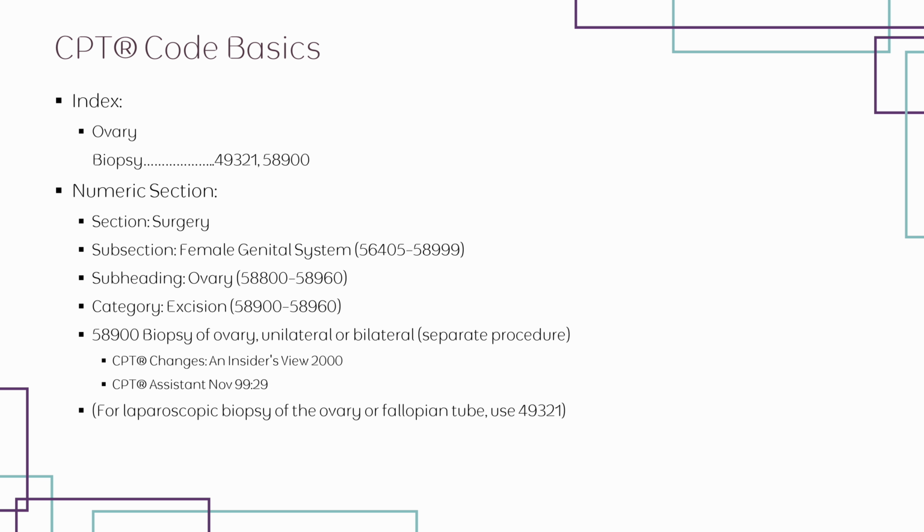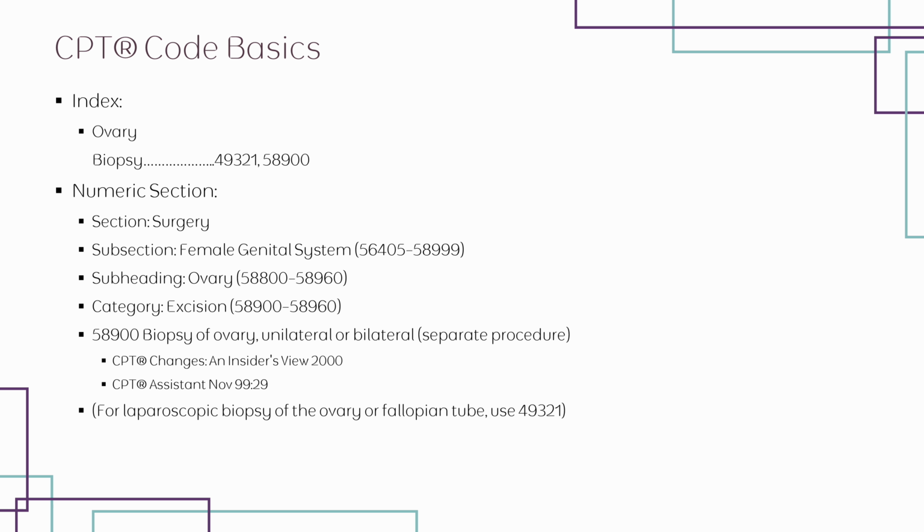Once you find ovary, look for the subterm, biopsy. Under ovary biopsy, you are directed to two possible code options, 49321 and 58900. At this point, you need to carefully read the code descriptions to determine which code best matches the service that was performed.